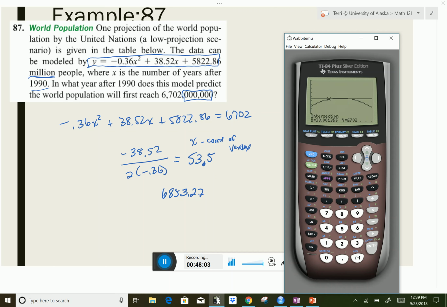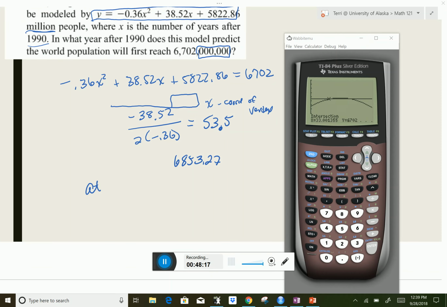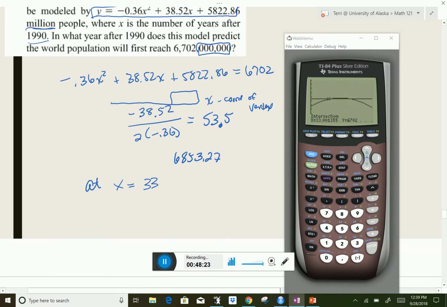So it looks like my intersection is at x equals, oh, we're going to act weird. Don't you love OneNote? X equals 33. So if x is 33, that's the number of years after 1990.